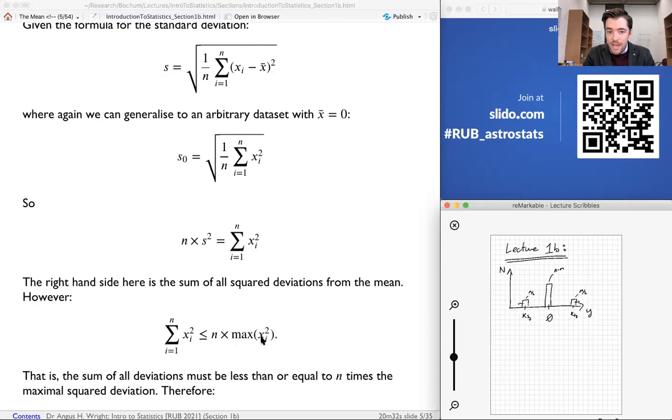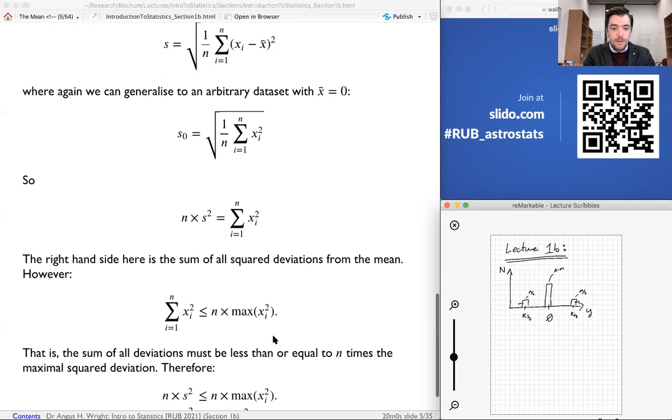That is to say that if every single xi value had the same value, which was maximally deviant from the mean, then that number is n times that value squared, right? So if there are any xi that exist below that point, below xi is equal to whatever the number of the constant that we just picked was, then the sum of the squared deviations will be less than this value.